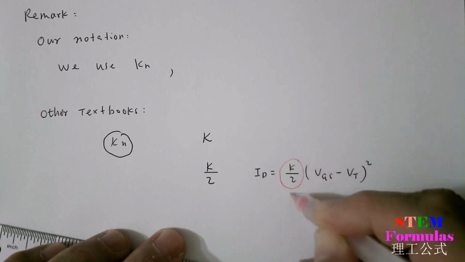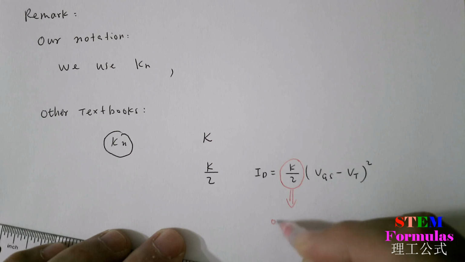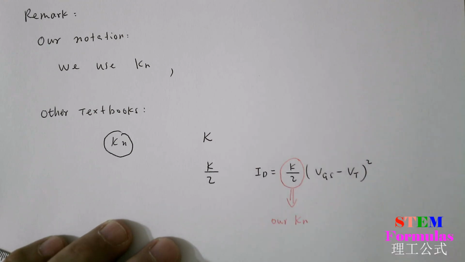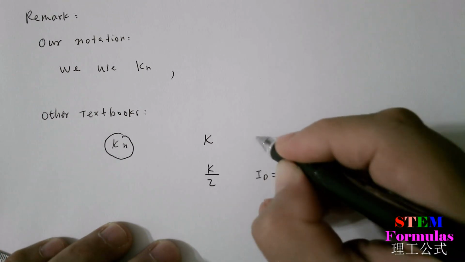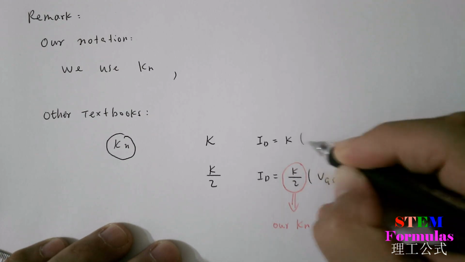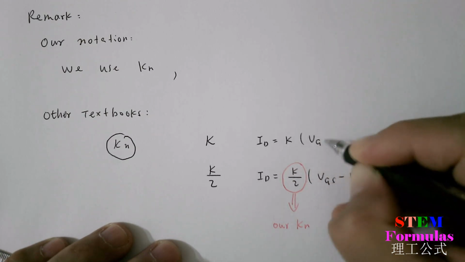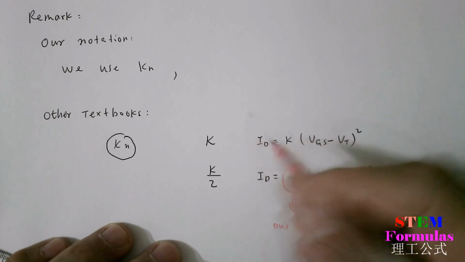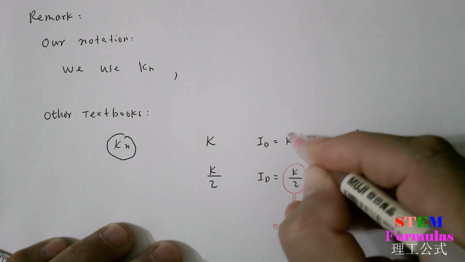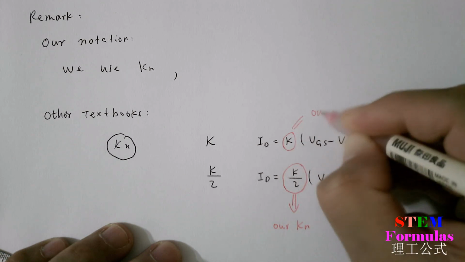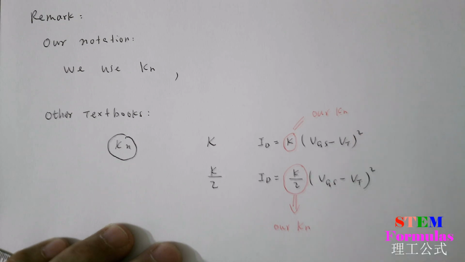In that case, you identify this K divided by 2 as our Kn. But if some other textbook writes ID equal to K times VGS minus VT squared, then in that case K equals our Kn.